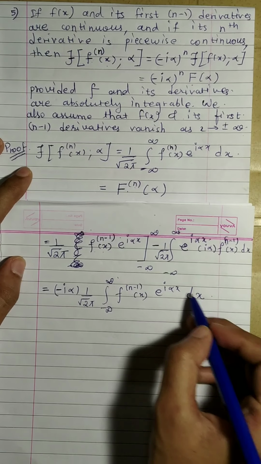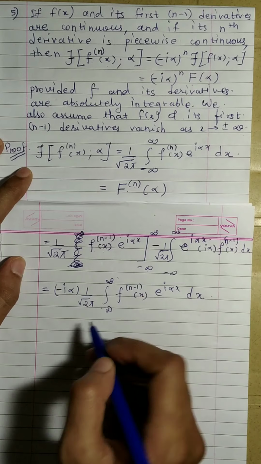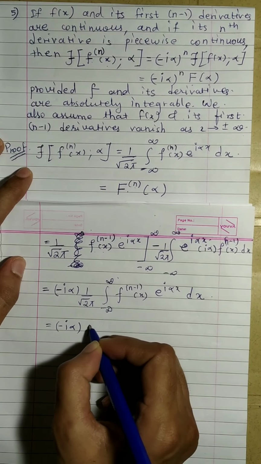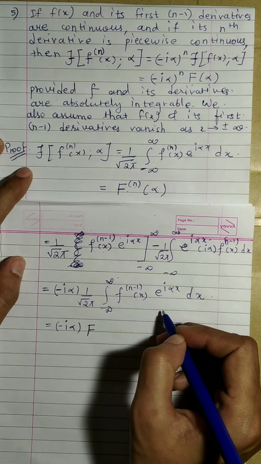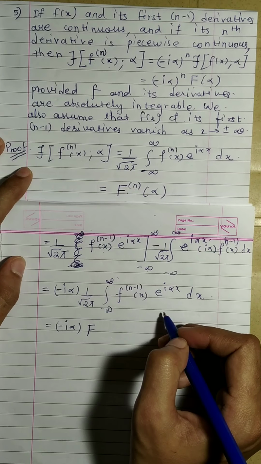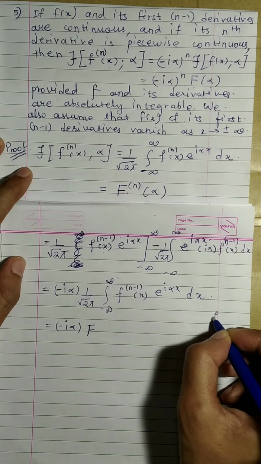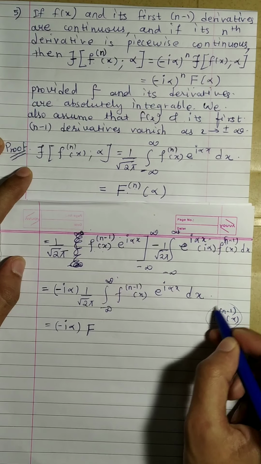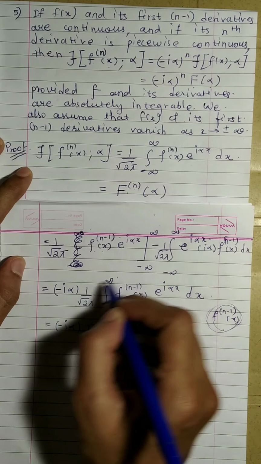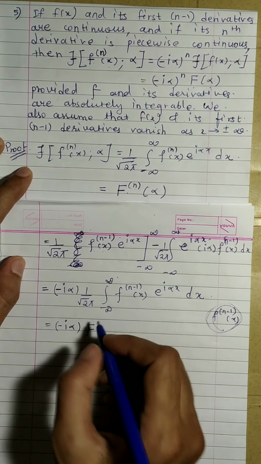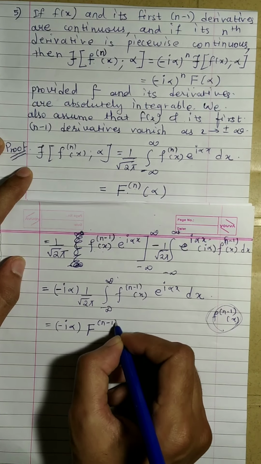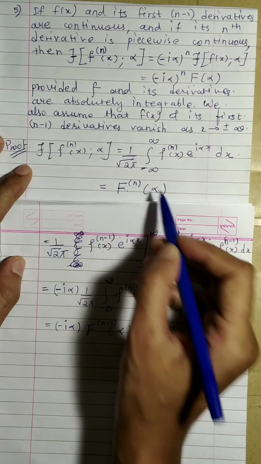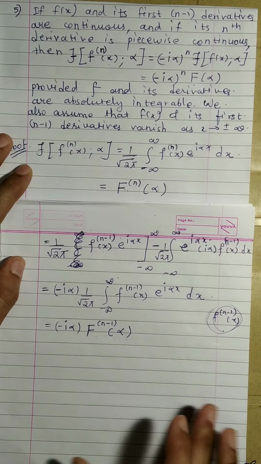From here it is clear that this is the Fourier transform of the n minus 1th derivative of the function f of x, which we have denoted by this of alpha. This was for the nth derivative, this is for the n minus 1th derivative.